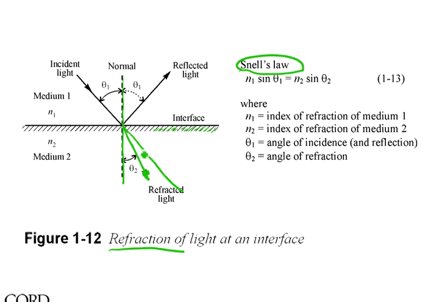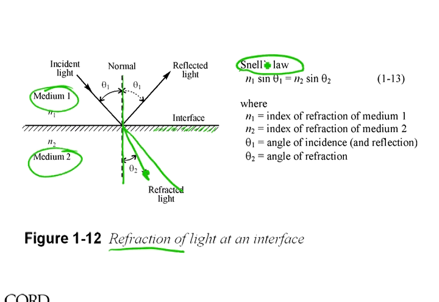And then what happens when you go from a medium which is lighter than the second medium that the ray enters into, the ray will bend towards the normal. Okay, that's always the case.